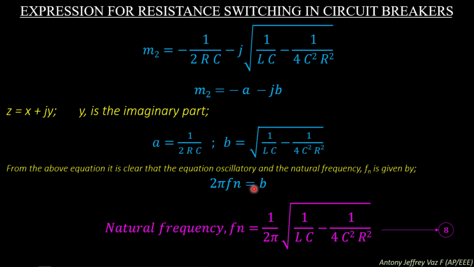So we can derive the natural frequency Fn is equal to 1 by 2 pi square root of 1 by LC minus 1 by 4C squared R squared, and this equation 8 gives the resistance switching equation for oscillatory and natural frequency.